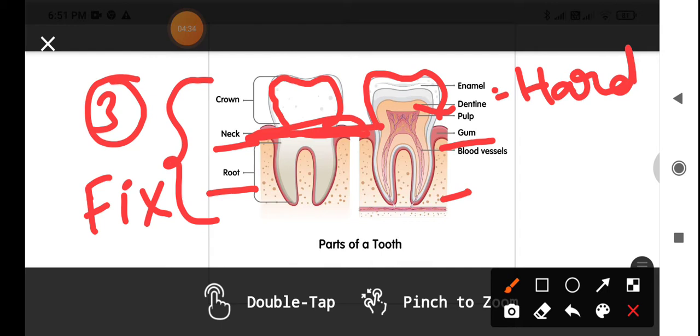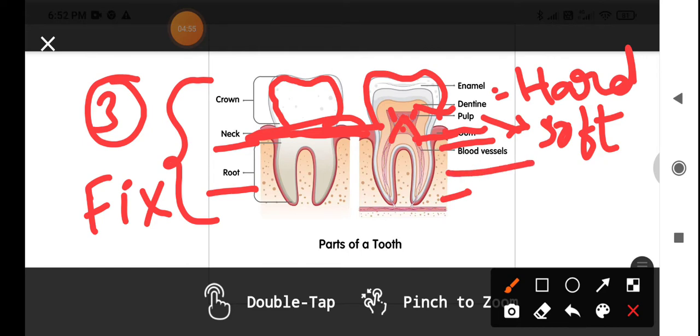And the last, middle part, where there are blood vessels, nerves and so on, and which is a very soft part, that is the pulp. So the pulp is a very soft part, and it is richly supplied with blood vessels. Many blood vessels are there, and nerves are there in the pulp.